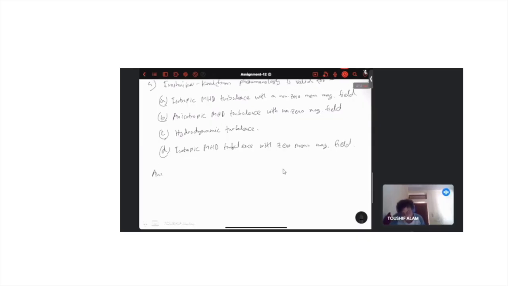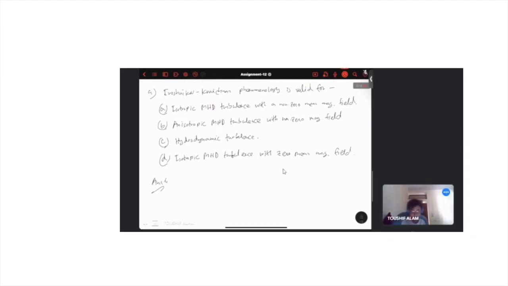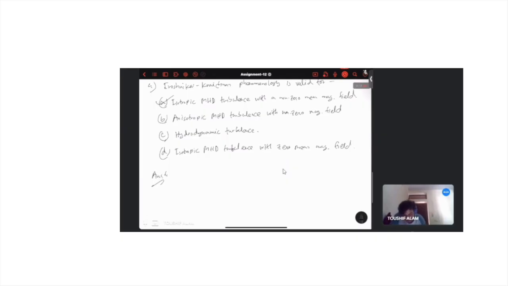Okay. This is also a direct straightforward answer. Iroshnikov-Kraichnan phenomenology is valid for only isotropic MHD turbulence with a non-zero mean magnetic field. Okay. Alright.